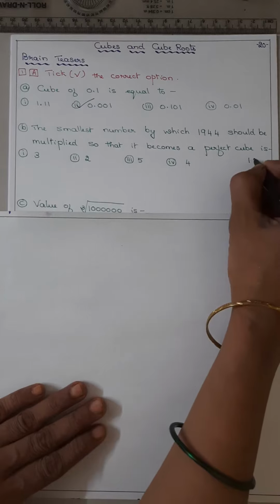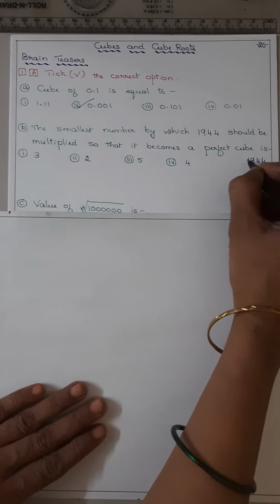cube. So we have to do the prime factorization method, remember.